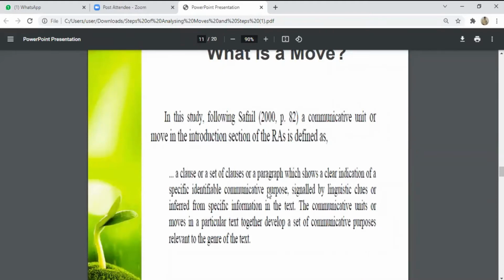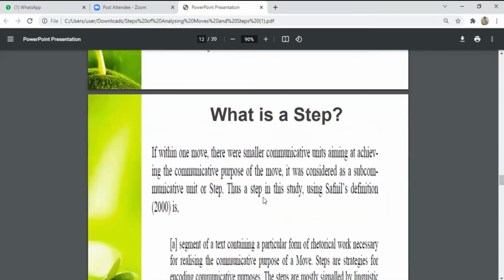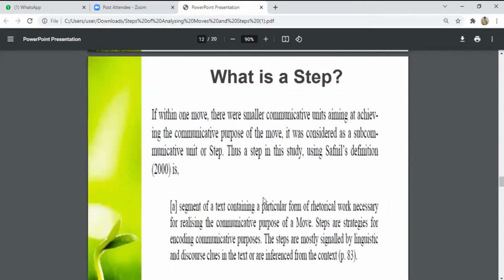If it is an introduction, all moves support the communicative purpose of the introduction. Because it is big, it can be divided into several moves. And if the move is still big, it is usually divided into steps.